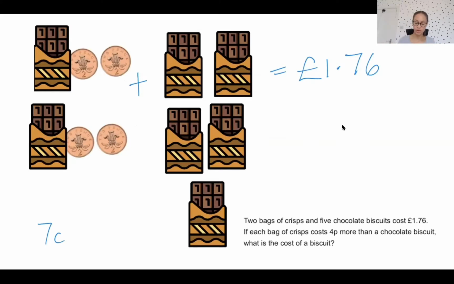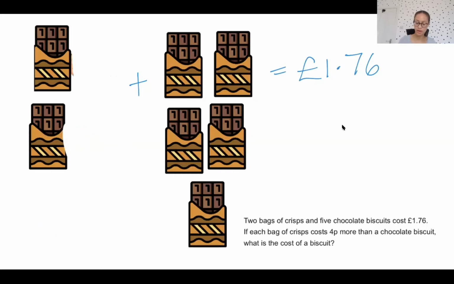Okay. So if 7 chocolate biscuits plus 8p equal £1.76, if I take away 8p from both sides, then 7 chocolate biscuits make £1.68, which a few of you have told me.